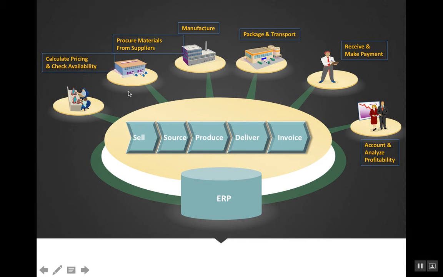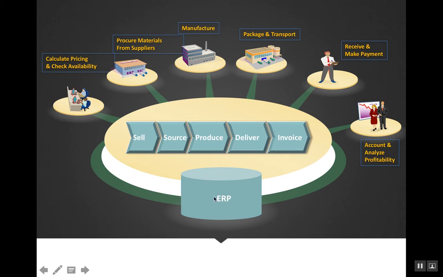All right, so procurement can be a different group than the organization that's responsible for calculating pricing, or the organization that's performing manufacturing, or the organization that's coordinating logistics. All right, so even though these are end-to-end processes, as we go from sales to invoice, the actual work is done by different groups.